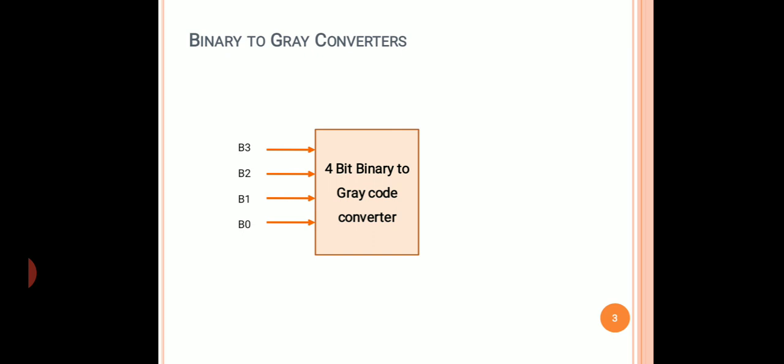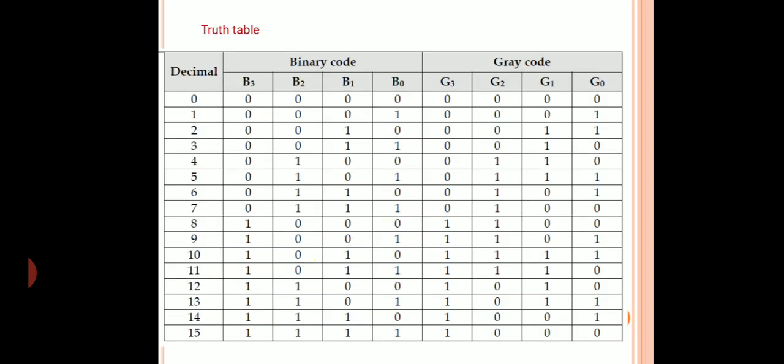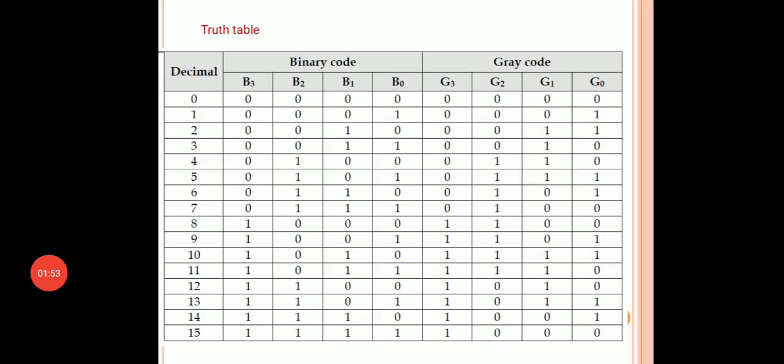The output will be the gray code. So these 4-bit binary numbers will be converted into the 4-bit gray number from G3 to G0. This is the truth table of 4-bit binary to gray number.